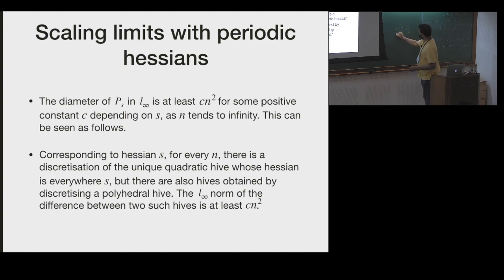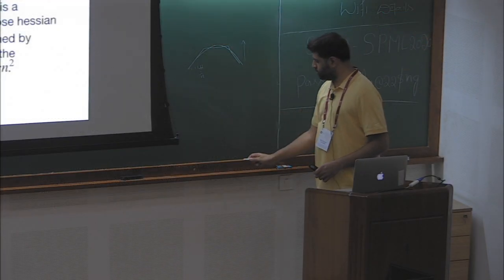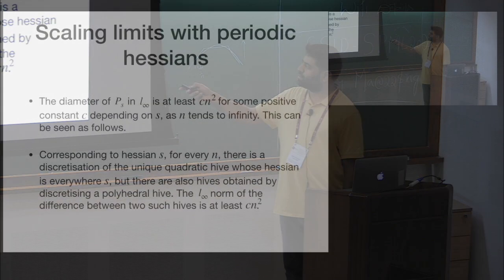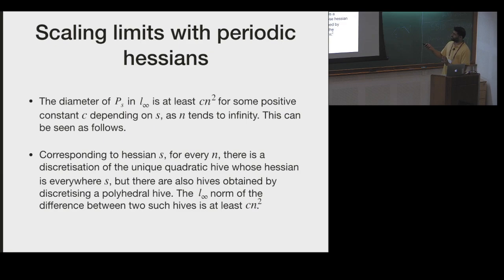Then when you have a quadratic function with a fixed Hessian, if that Hessian is supposed to be fixed at a scale of 1 by n, then the height has to, so the Hessian essentially has in the denominator the area of the rhombus, and that goes as 1 by n squared. So you get an n squared over there. So it's not difficult to see. So you know that in terms of the diameter, these polytopes are actually not getting squeezed to a point.